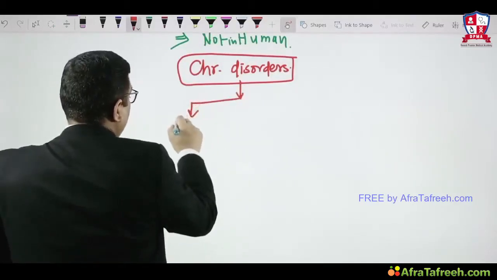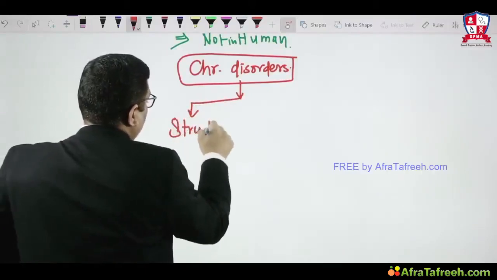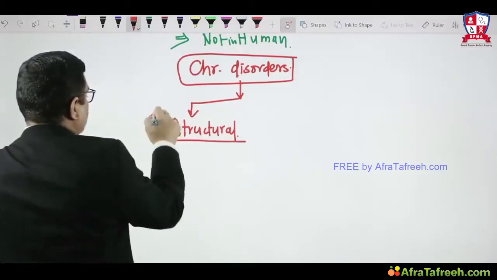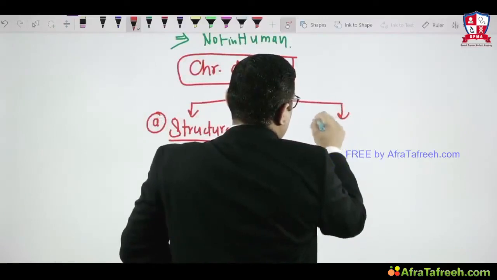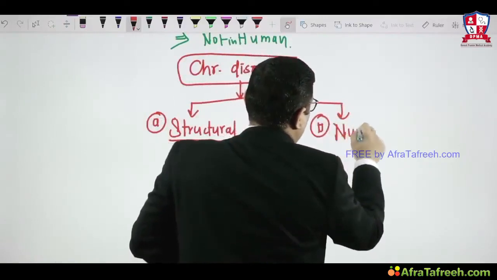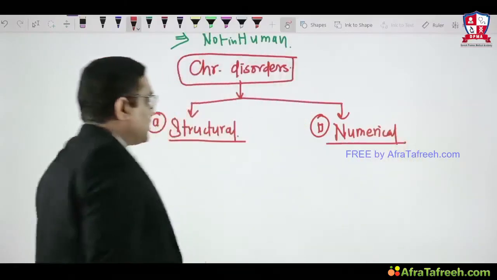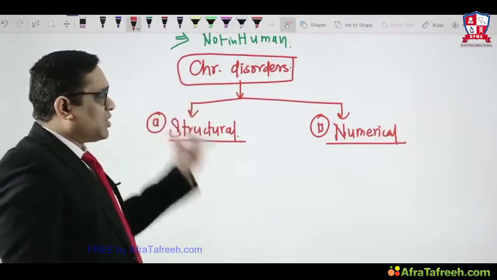Chromosomal disorders can be structural disorders, where the structure will be defective, and the second will be numerical disorders, right? So structural and numerical chromosomal disorders will be present in the chromosomal disorder category.